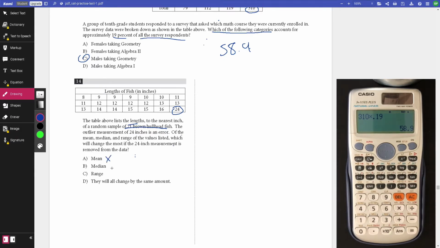So it's not A. And the median, it wouldn't change since it's the middle, and taking off the end won't change the middle that much. And then C, the range. This would be affected a lot because range is max minus min, and we're taking off 8 here, and that's a lot. So C.